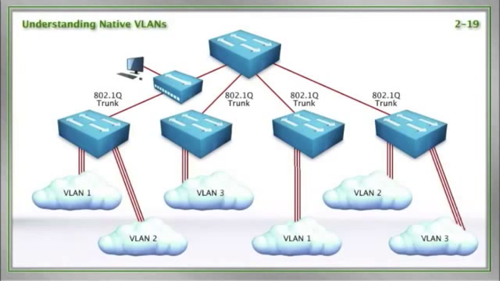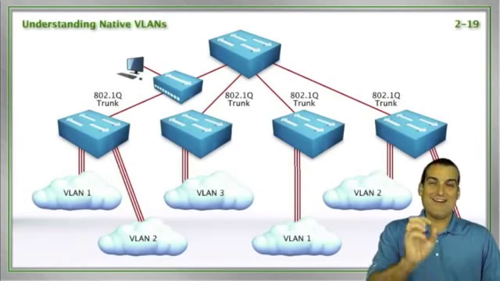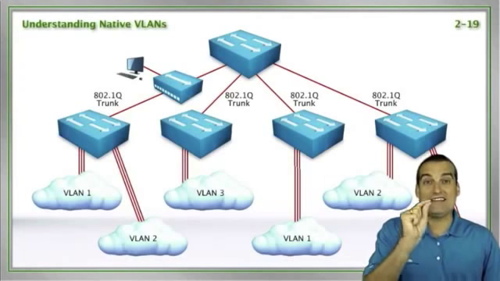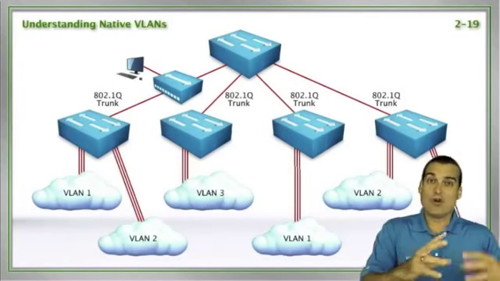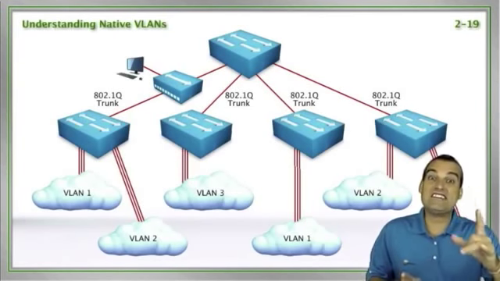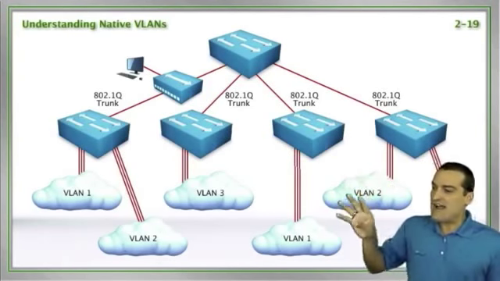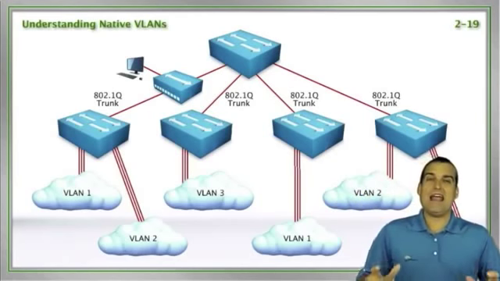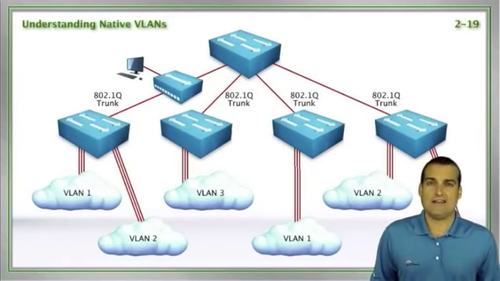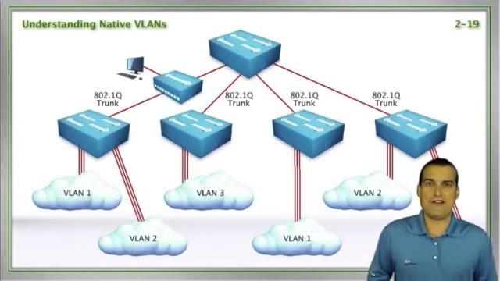You see, in an 802.1q trunk world, every single trunk link receives a VLAN tag for all the VLANs except one VLAN. That's right. In your environment, there's going to be one and only one VLAN that does not get a tag ID for identification of the traffic for that native VLAN.